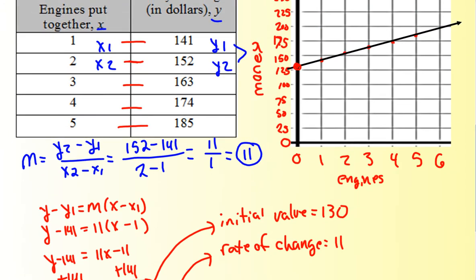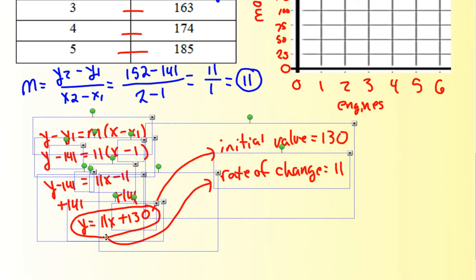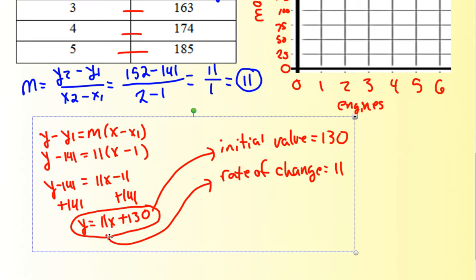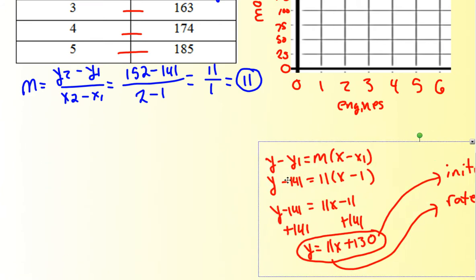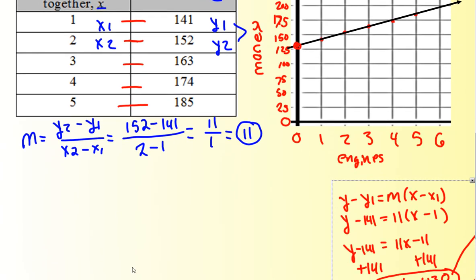Let's look at this logically. So I'm going to take this red stuff and move it over here, just out of the way for now. So we've got a table here. The value of x is increasing by 1. The value of y is increasing by 11.